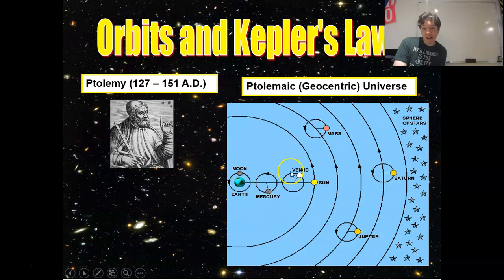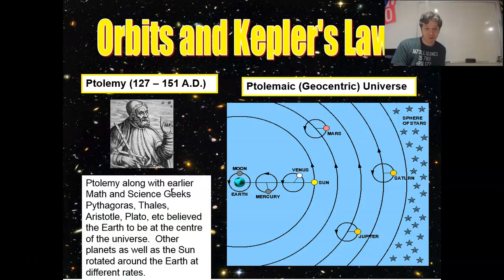Mercury and Venus rotate around nothing, and they keep in line with the sun as they rotate. And then you have the outer planets rotating around nothing, but also in their own orbits. Now, we know today this is wrong, but it was a model that was used to correctly locate these planets in the sky, these wandering stars.